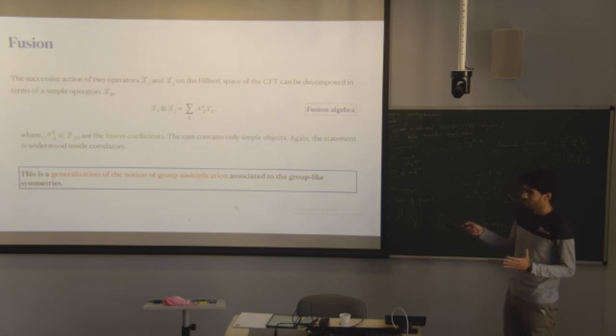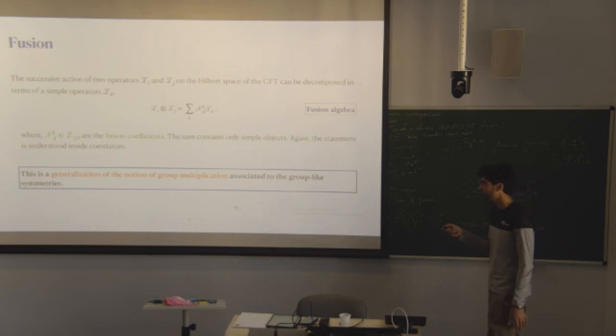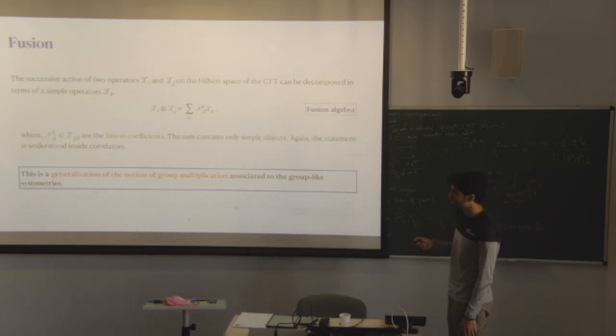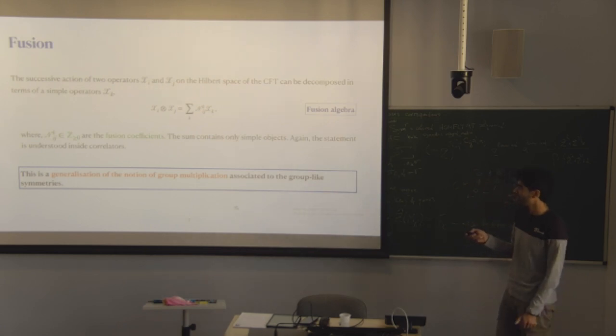So xk's are line operators on the right hand side, and this is a statement that needs to be understood inside the correlators of the CFT. Okay. And this is a generalization of the usual group multiplication that we have in group-like symmetries, which are the usual symmetries that we study.